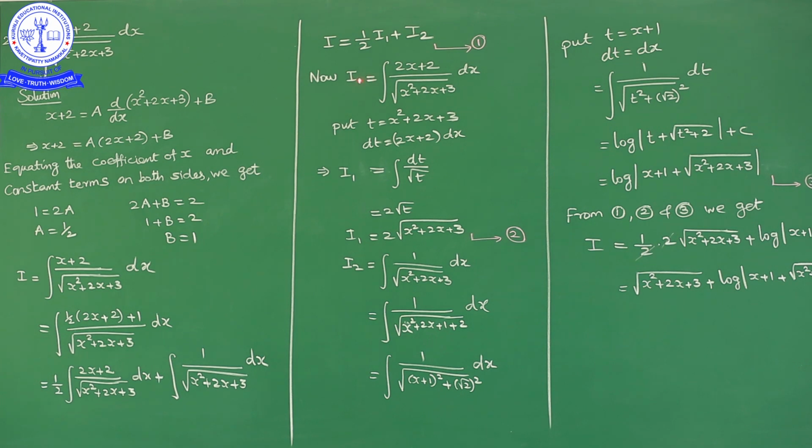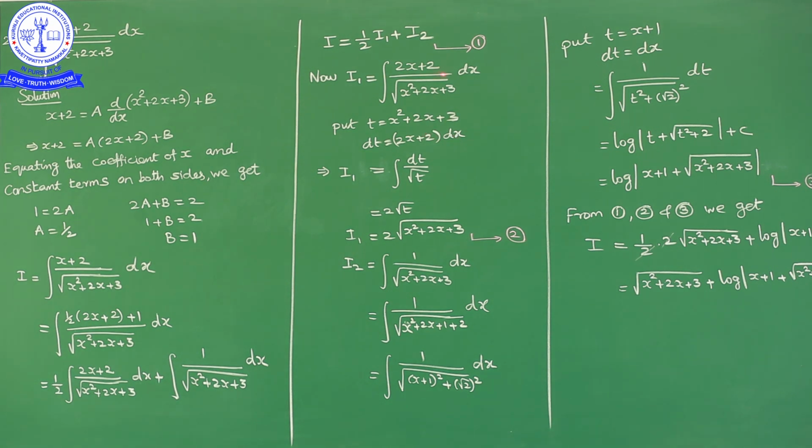So first of all, what is I1? I1 is equal to integral of (2x plus 2) upon square root of x square plus 2x plus 3 dx. Now if you observe, the numerator 2x plus 2 is the derivative of this quadratic part, no? x square derivative 2x and 2x derivative 2. So I will take x square plus 2x plus 3 as some variable t. So dt equals how much? dt equals (2x plus 2) dx.